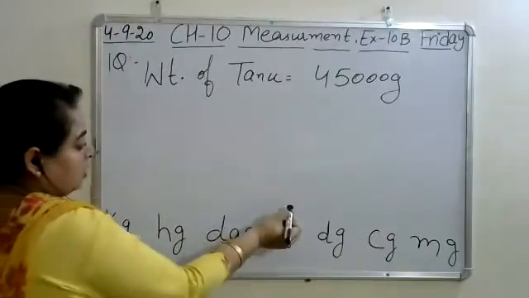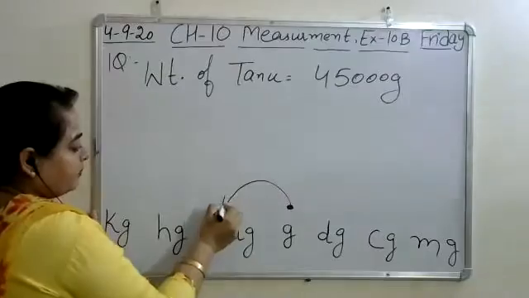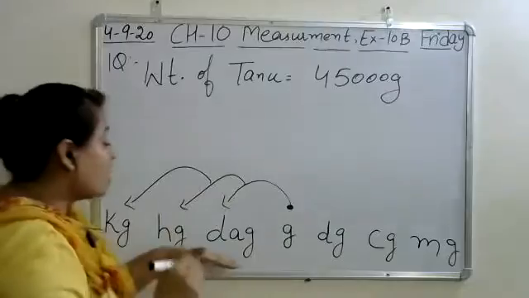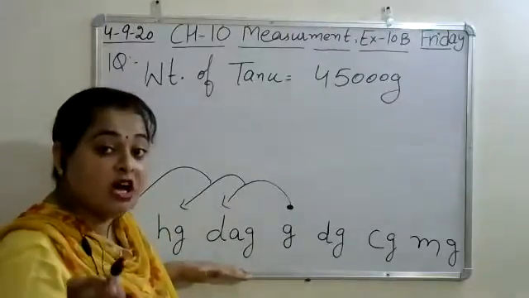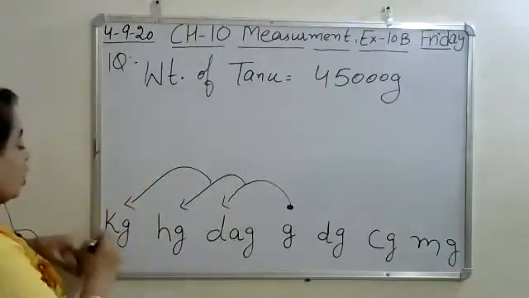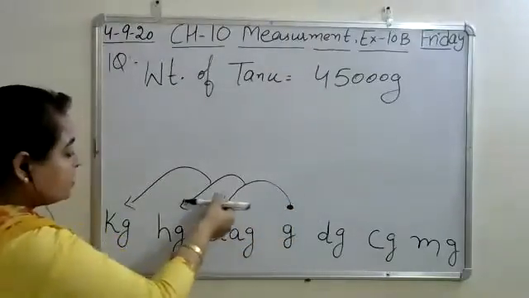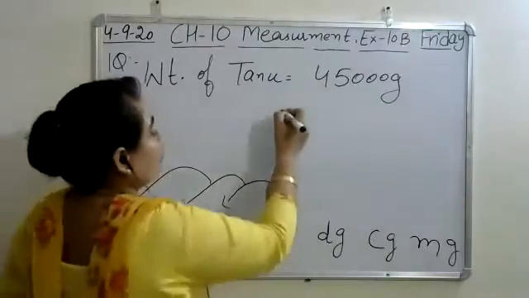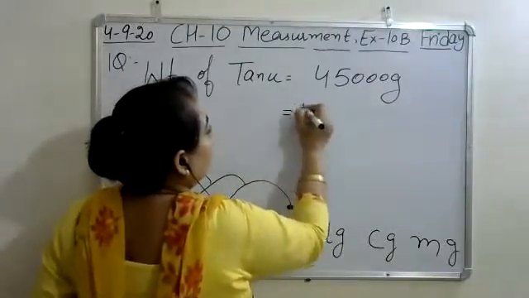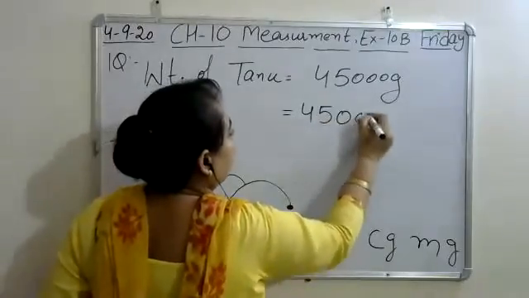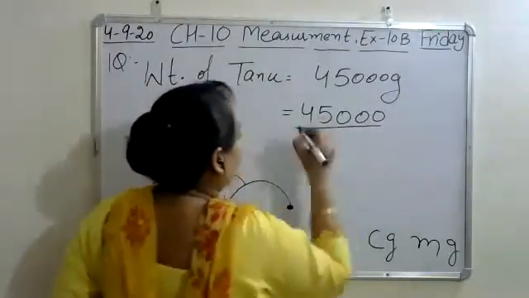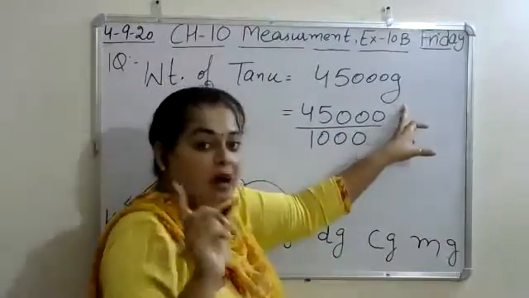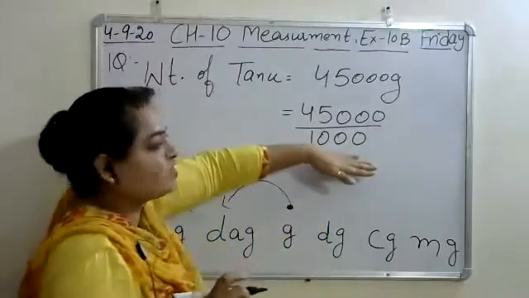So, 1, 2, 3. 3 jumps. After 3 jumps, you will reach kilogram. It is a left hand side movement, and in left hand side movement, we will divide. So you will write here 45,000 divided by 1,000. Now, you will not write gram here because the conversion is done.